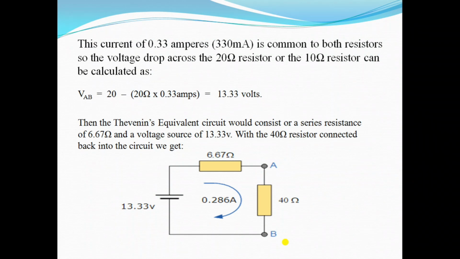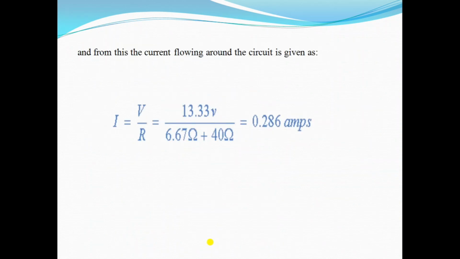Then I will get 13.33 volt divided by 6.67 ohm plus 40 ohm, which equals 0.286 amperes.